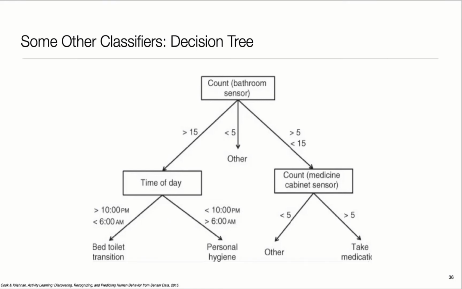In this particular case, for example, for different kinds of activities, we might look at the count of events in different sensors and what was the time of day and things like that. This is just a made up example, but the idea is that the parameters in this case are the threshold values which are making our different decisions. And the process of training really is a process of coming up with those parameters.